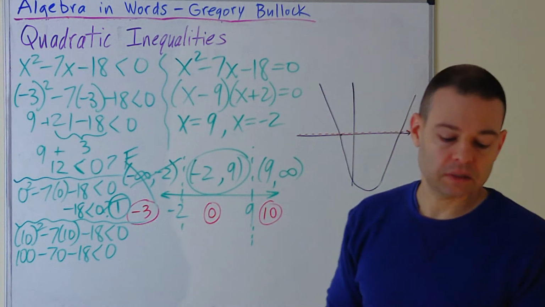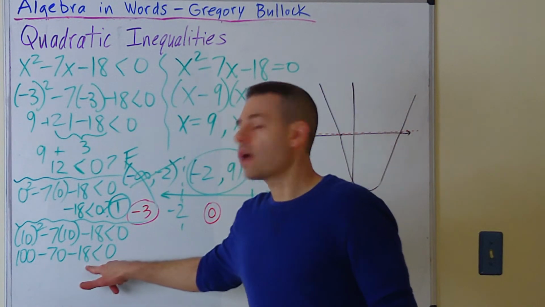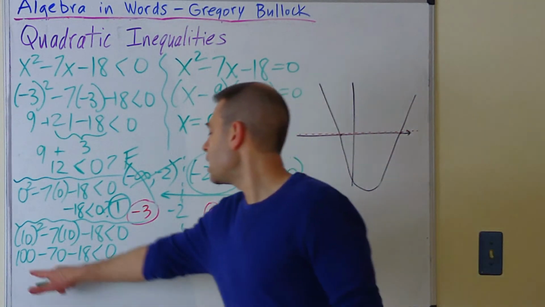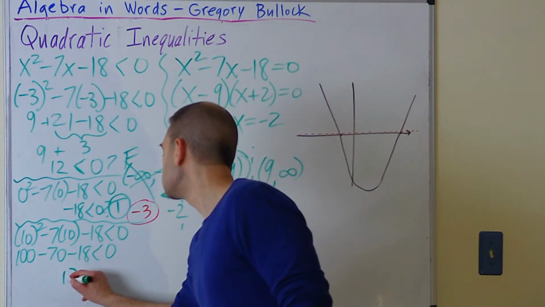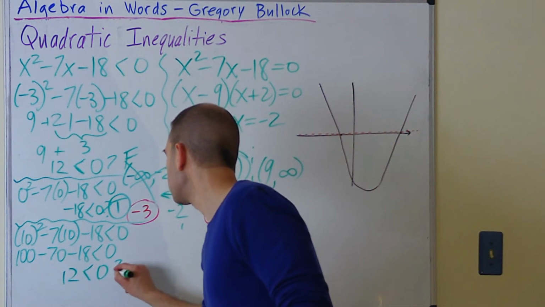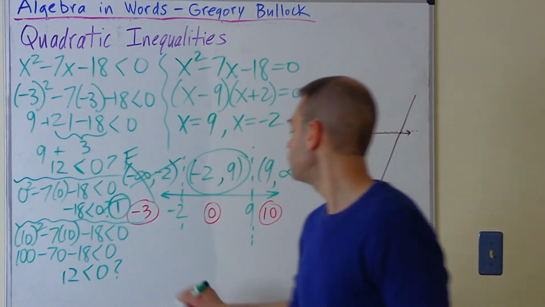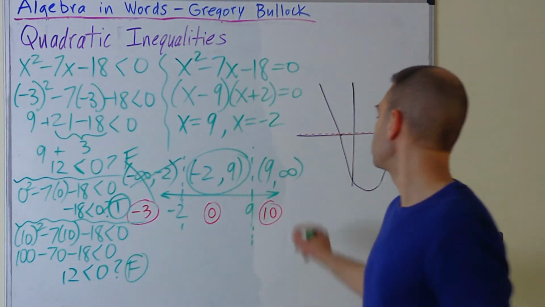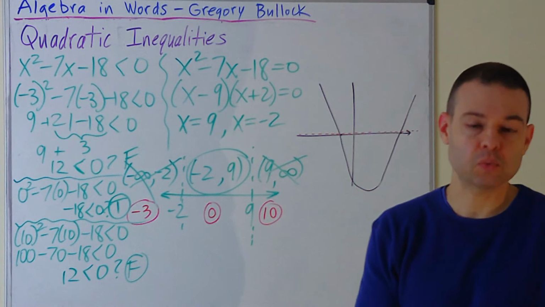And minus 18. Negative 70 minus 18 is negative 88. So 100 minus 88 would be 12. And is 12 less than 0? No. False. So therefore, we would reject that region from that test point as well.